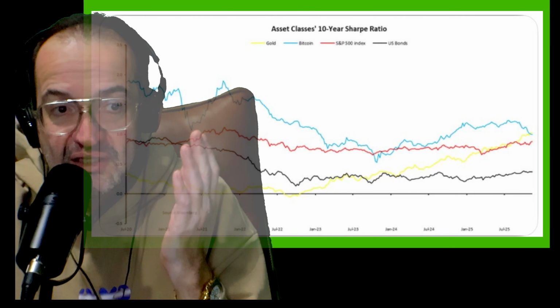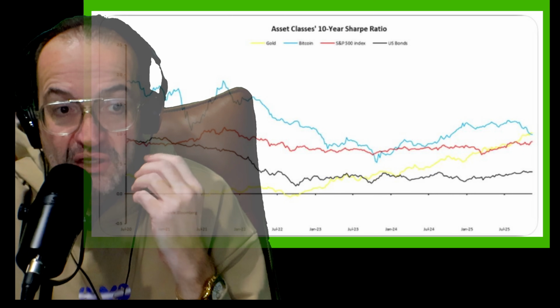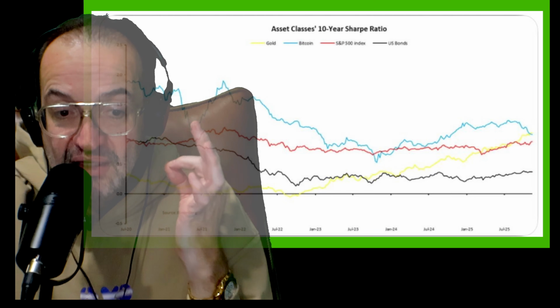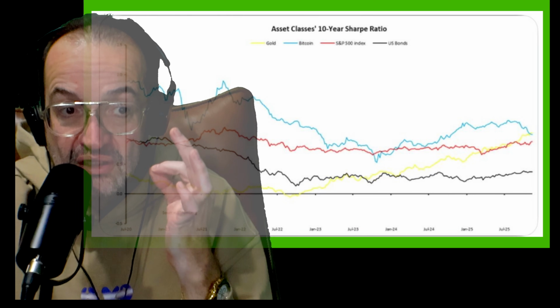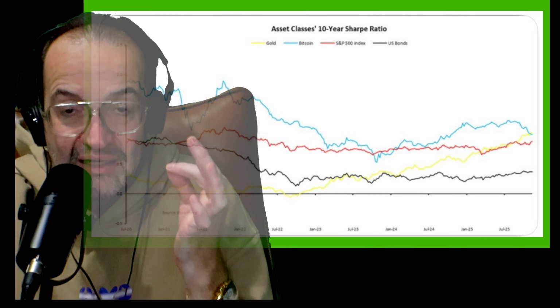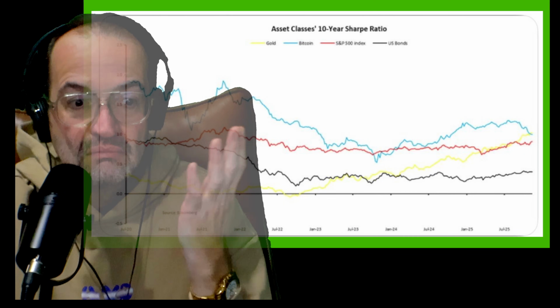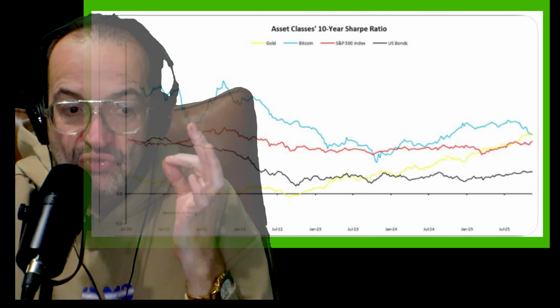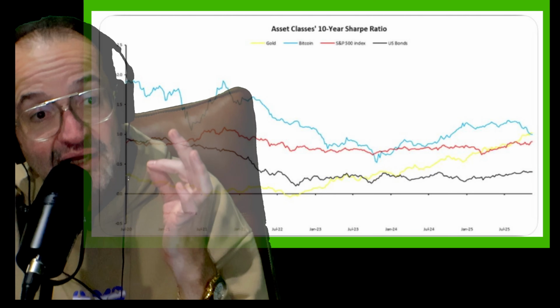All right, let's take a look at the other one. Let's take a look at the black line, the safe line, the US bonds. And that is where the story gets ugly. For decades, bonds were the risk-free anchor, the ballast, the hedge. But from 2020 onward, the Sharpe ratio collapses. Why?